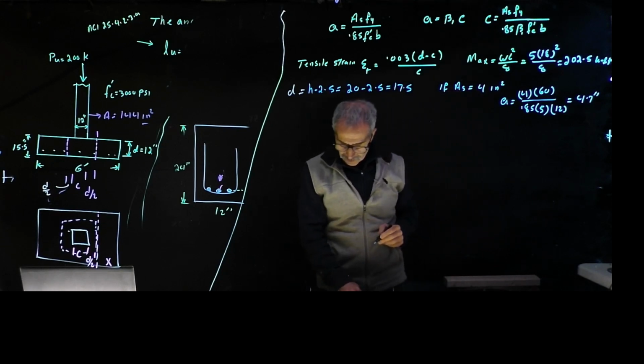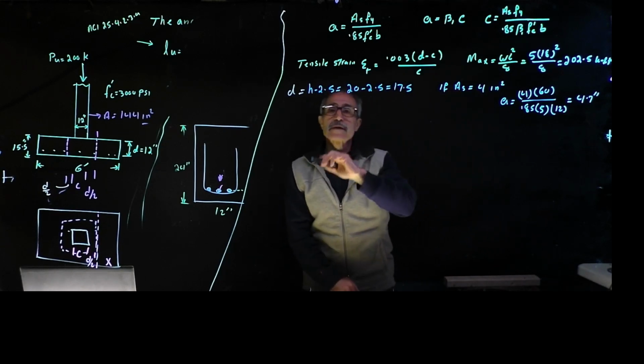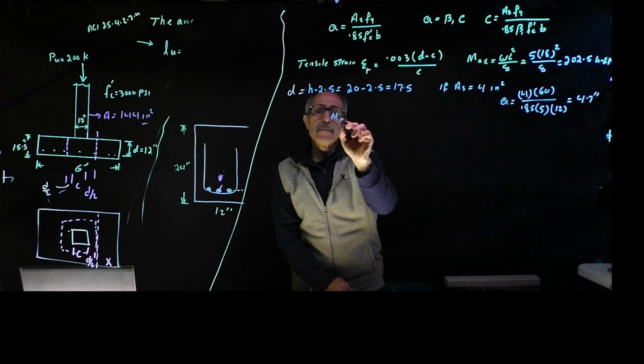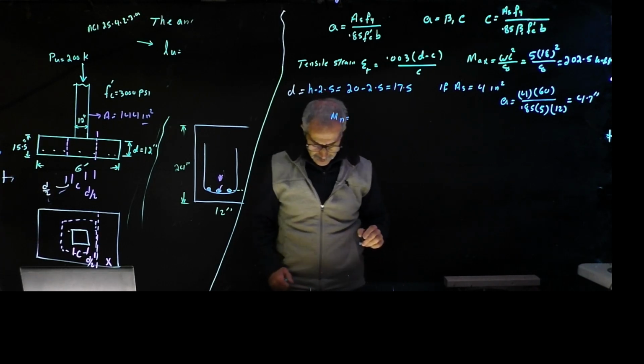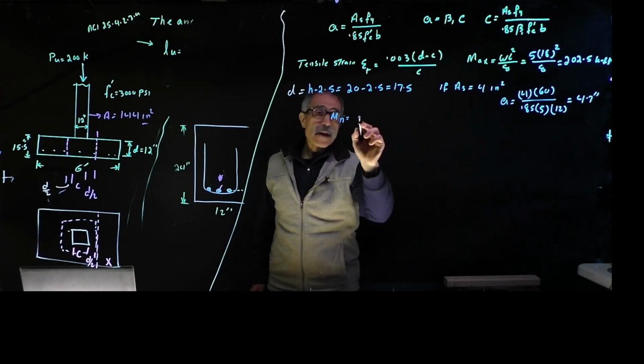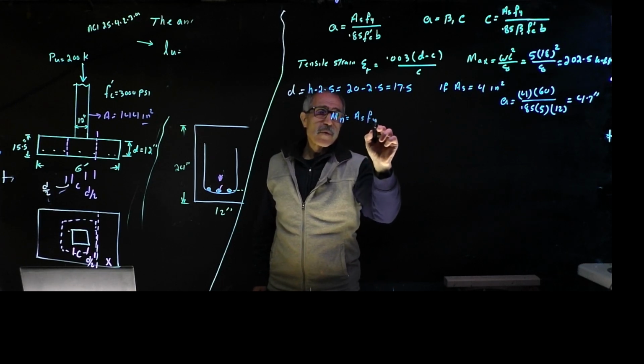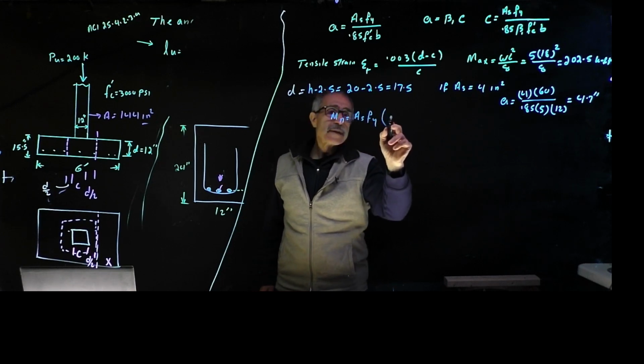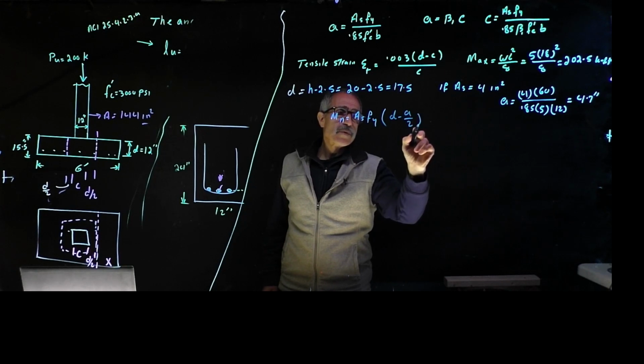Okay, so now we have that. The equation for the moment, Mn, is equal to As times Fy times D minus A divided by 2.